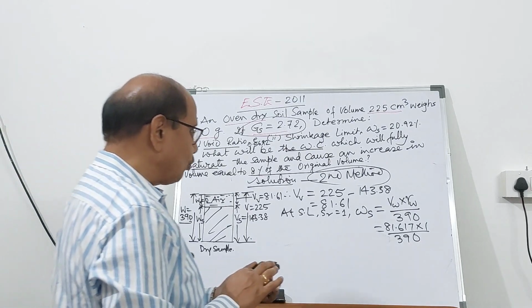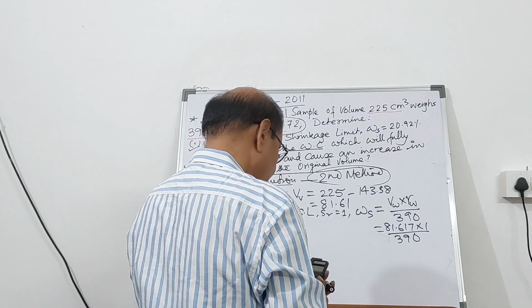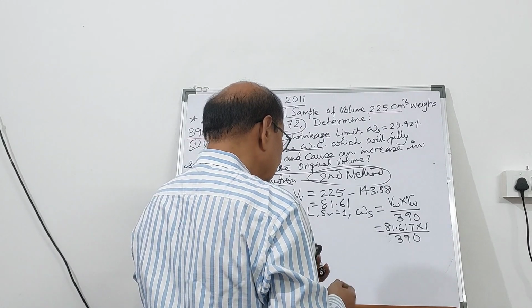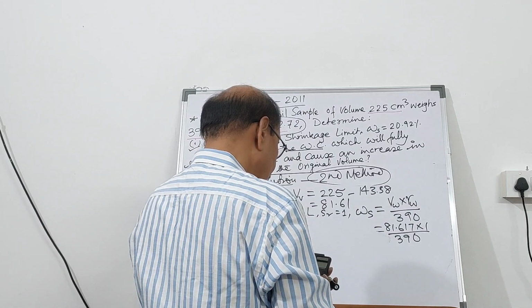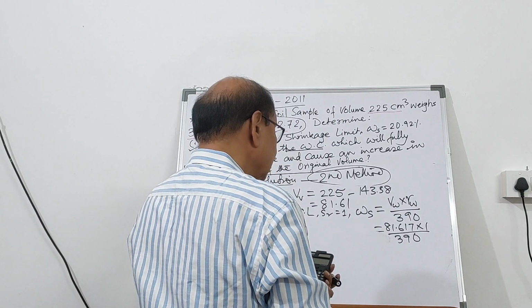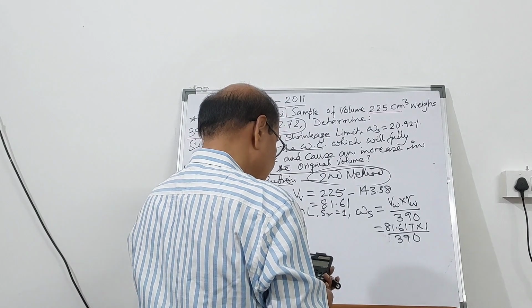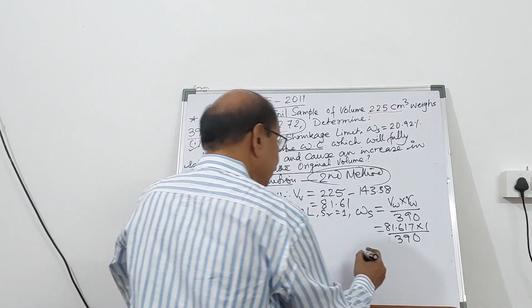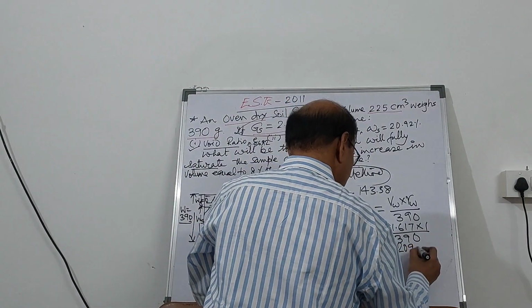So 81.617 divided by 390. This gives you 0.2092.